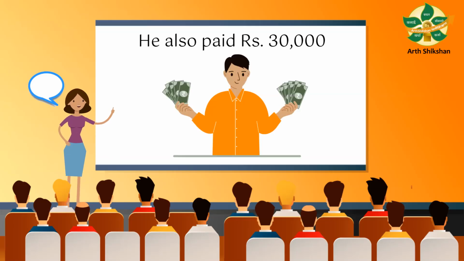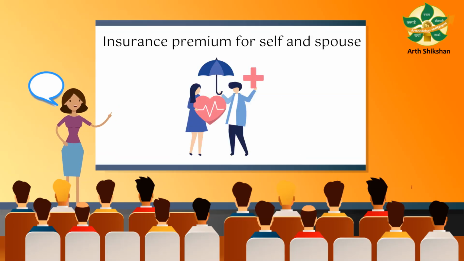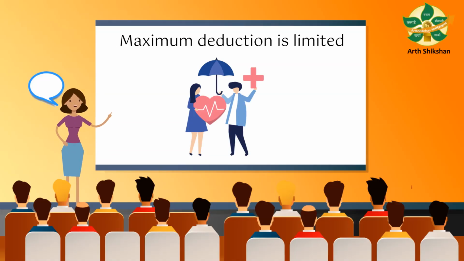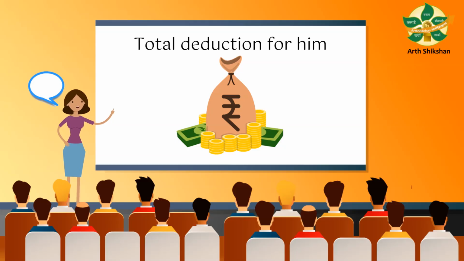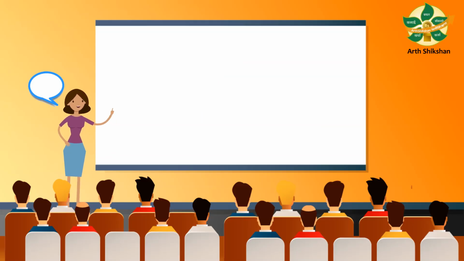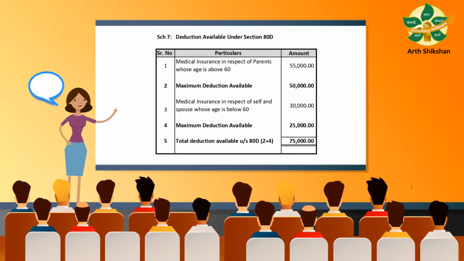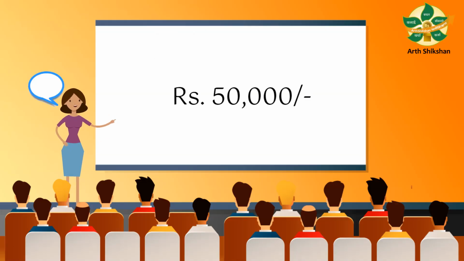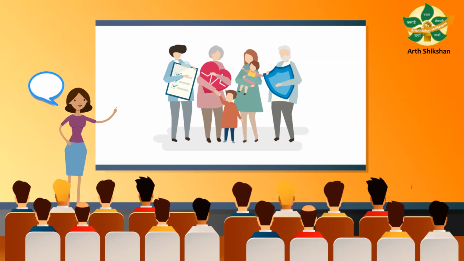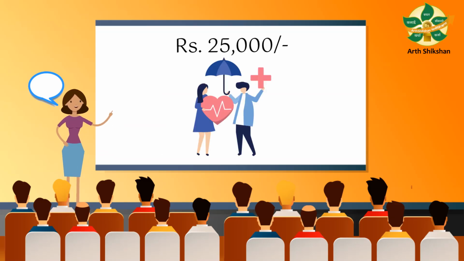Additionally, he paid Rs 30,000 as insurance premium for himself and his spouse, whose age is not above 60, but the maximum deduction allowed in this case is limited to Rs 25,000. Therefore, the total deduction available to him under Section 80D is Rs 75,000, which is the sum of Rs 50,000 for his parents and Rs 25,000 for himself and his spouse.